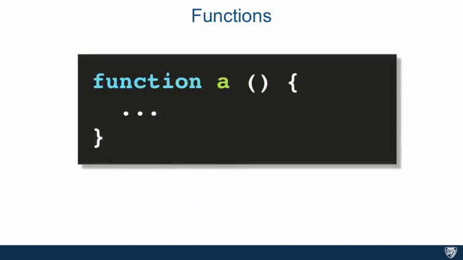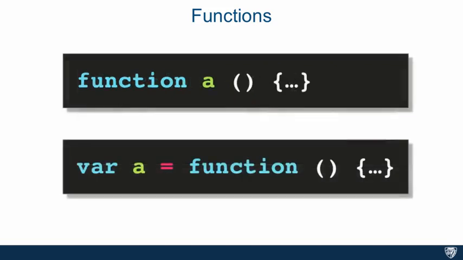Now, the way you define a function is by using the keyword function followed by the function name and followed by parentheses and then curly braces. Now, in JavaScript, when you define a function name, it's very similar to defining a variable whose value is a function. So for example, you could define a function in JavaScript by either using the keyword function followed by the function name, or you could create a variable and set it equal to a function.